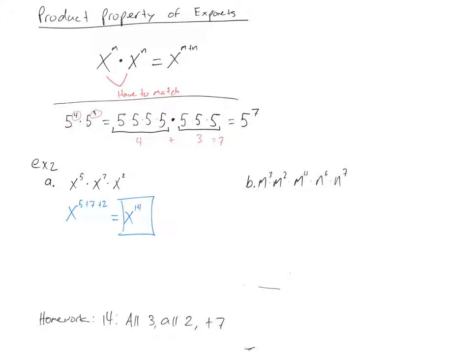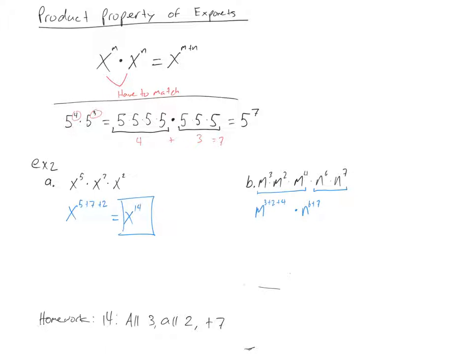Part B. Notice these 3 have bases of m, and these 2 have bases of n. So let's look at these first 3. This is going to be m to the 3 plus 2 plus 4, multiplied by n to the 6 plus 7.